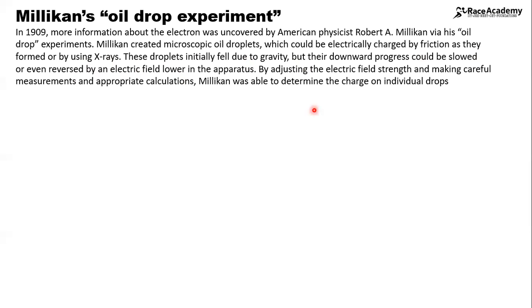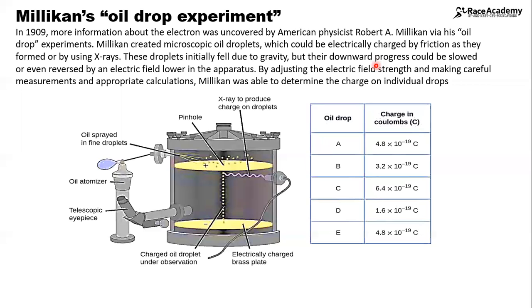By adjusting the electric field strength and making careful measurements and appropriate calculations, Millikan was able to determine the charge on the individual drops. He has taken 5 samples A, B, C, D, E, and calculated the charge using this experiment.